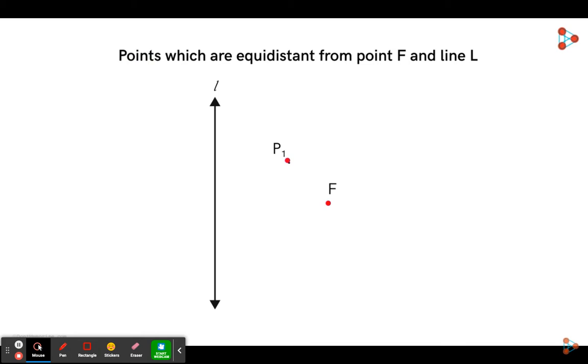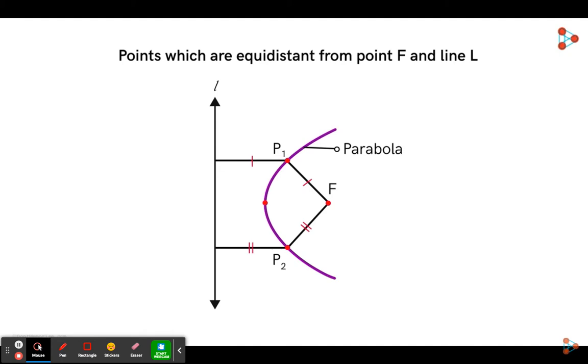It will be at an equal distance from the point F and the line L. Consider another such point P2. Its distance from point F will also be equal to its distance from the line L. Another obvious point is the midpoint of the perpendicular segment connecting point F to the line L. All such points that satisfy this condition will lie on this curve. And such a curve is called a parabola.